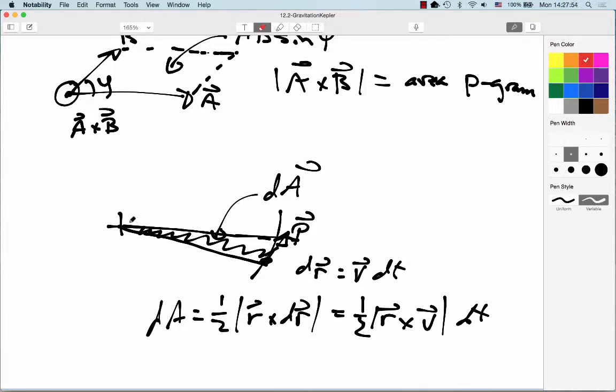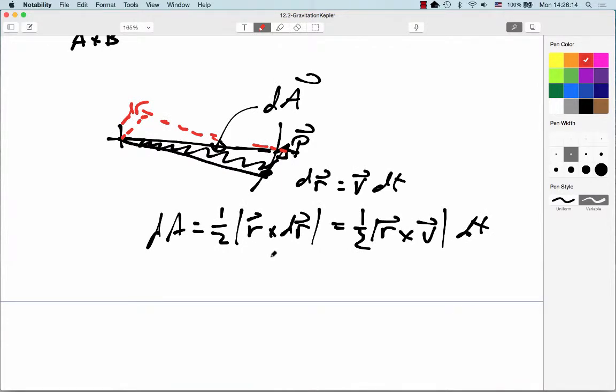We can complete the parallelogram here. So there's my other dr there. Complete that back. There, that's the parallelogram. The triangle is half of that parallelogram. Now since p equals mv, I can rewrite this. Let me redo it like so.